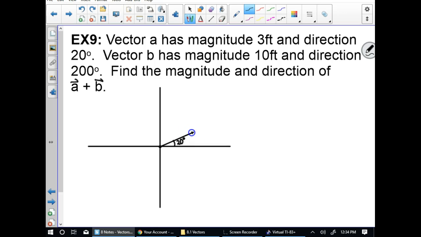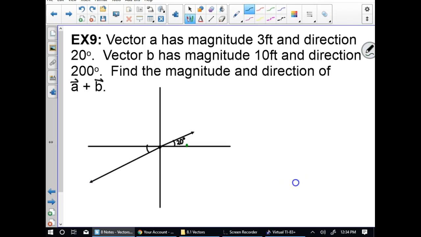Then for 200 degrees, we would start right here on the positive x-axis, and we've got to go counterclockwise 200 degrees. How far is it to get all the way around to here? That's 180, right? So we'd have to go 20 degrees past that, which means our second vector would look longer, like this.